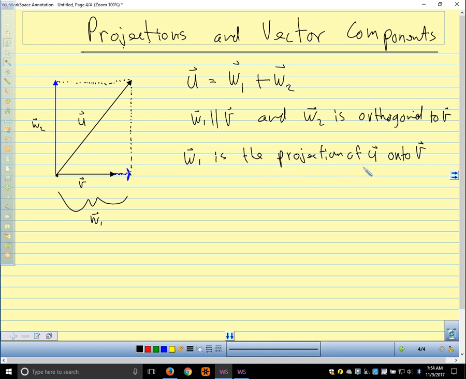So the projection of u onto v, and notice these are vector quantities that we're talking about, or you will also hear it called the vector component of u along v.